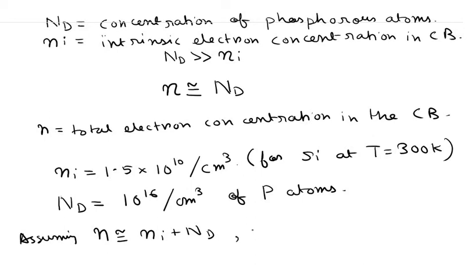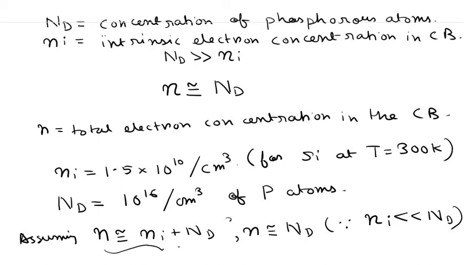We have N approximately equal to Nd since Ni is much less than Nd. Okay, so this is a logical argument, but I again repeat that this formula is not entirely correct, so don't take this too seriously.